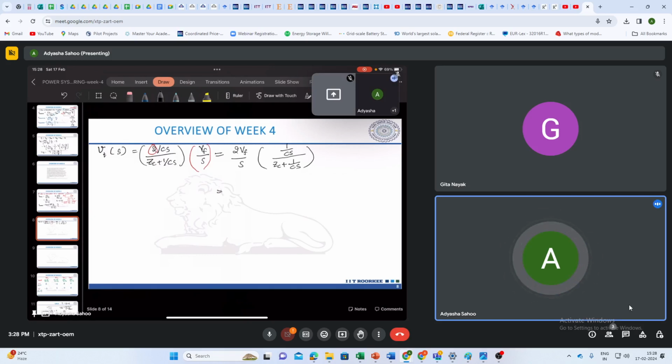This can again be written as 2VF by S, and it will be S plus 1 by ZC, divided by... now finding the partial fraction of this.